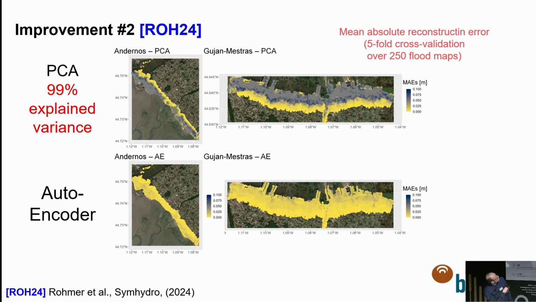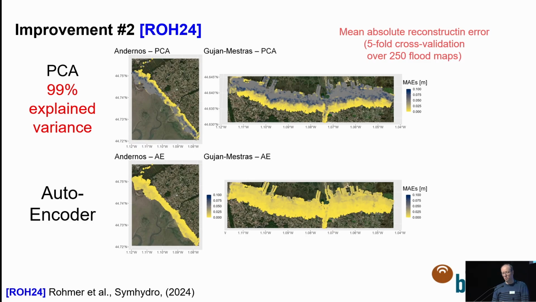But the error is still quite large for us. It's 10 centimeters in terms of reconstruction of my map on two sides of the Arcachon basin. But when using the autoencoder, we really see the benefit of this non-linear reconstruction because it really decreases the reconstruction error of the fluid map, in this case, almost to zero, which is very nice for us.